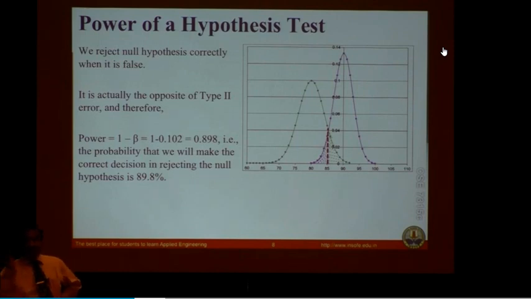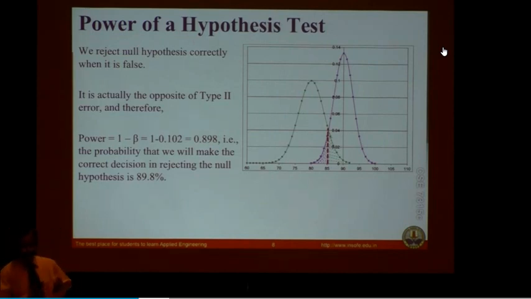Probability of, okay, so what does that say? Probability of accepting the null hypothesis given the null hypothesis is wrong. So yeah, it still makes sense.